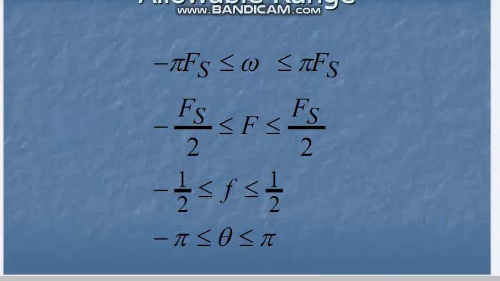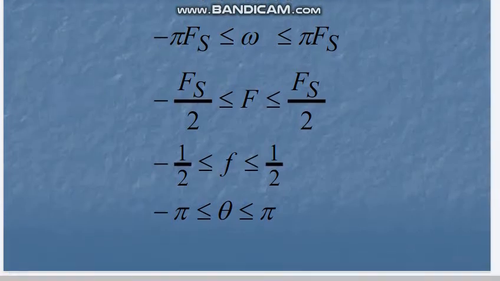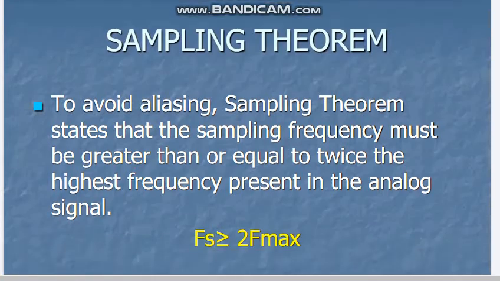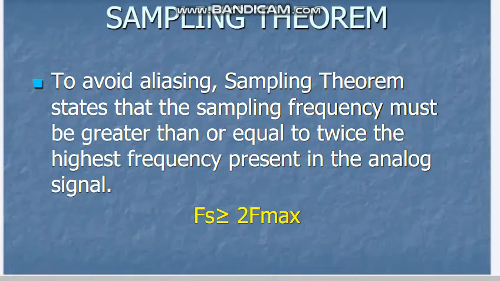Okay, now my dear students, we are going to the next part: why we use the sampling process, and what the sampling theorem is. Now clearly look at the fact: to avoid aliasing, the sampling theorem states that the sampling frequency must be greater than or equal to twice the highest frequency present in the analog signal.